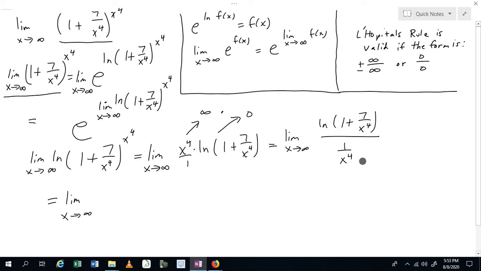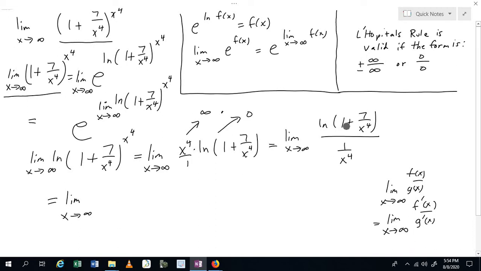And if you remember, L'Hopital's rule tells us that the limit of f of x divided by g of x, as long as we have one of these two forms for the limit, is the same as the limit of f prime of x divided by g prime of x as x goes to infinity.